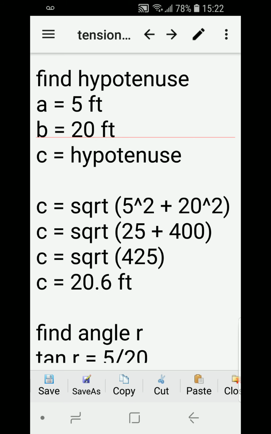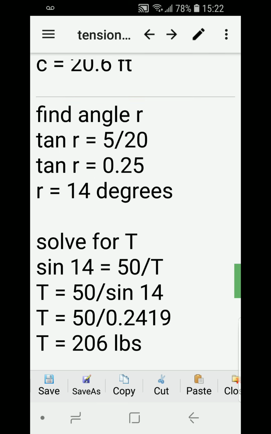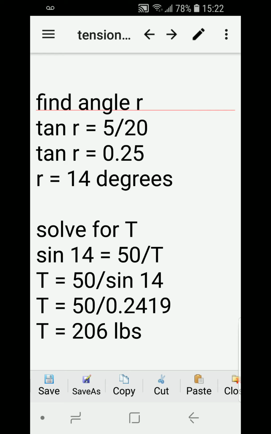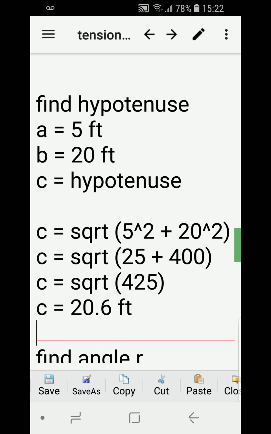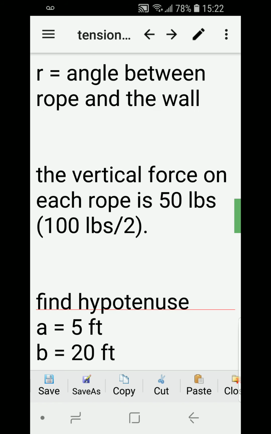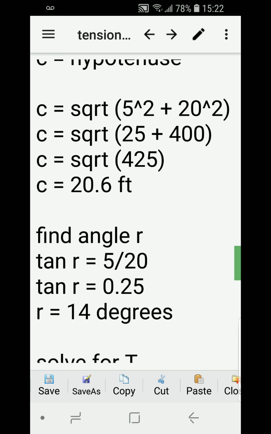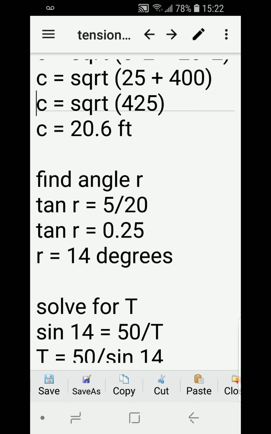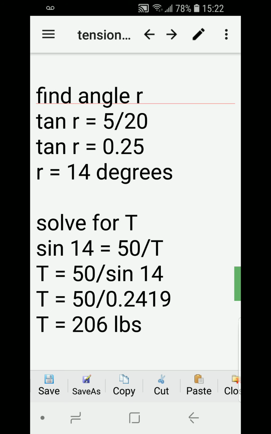Now that we know the hypotenuse, we need to find angle R. Remembering that angle R is the angle between the rope and the wall, we use tangent for this one because we are given the opposite side, which is the 5 feet sag, and 20 the adjacent side, which is the midpoint of the two walls.